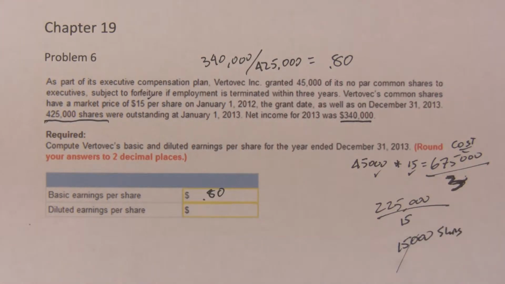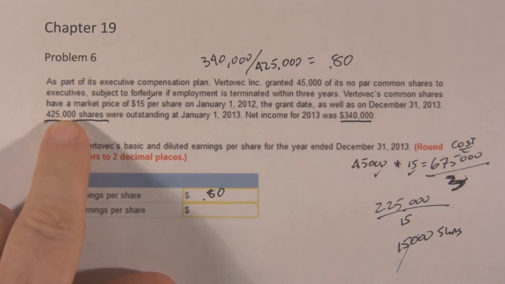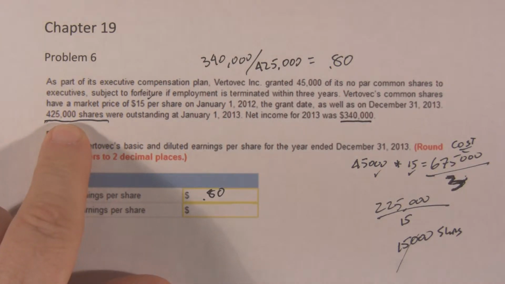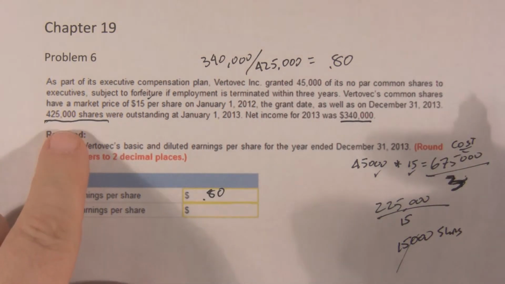So if we bought those 15,000 treasury shares, they would be in that 425,000. They'd be there, because once we sell treasury shares, they're gone. They're out in the market. Okay, so we've used up those.